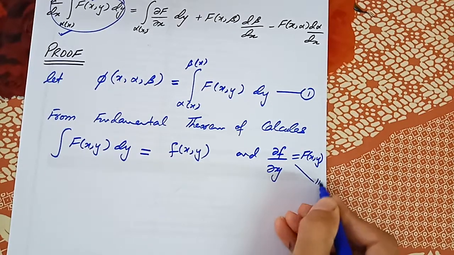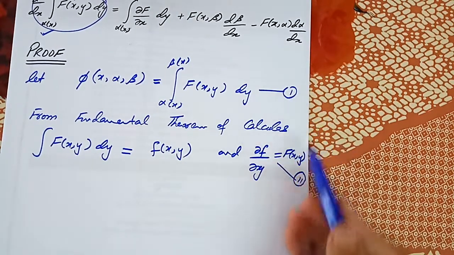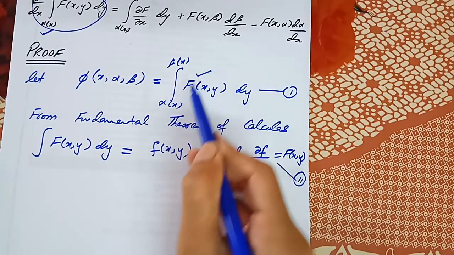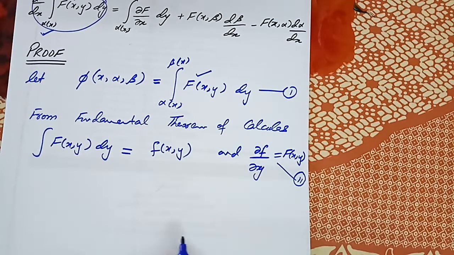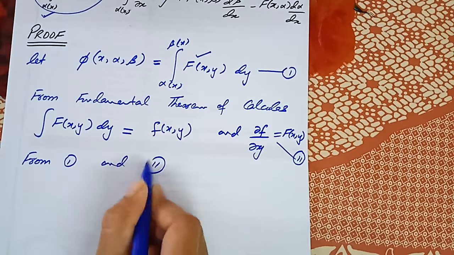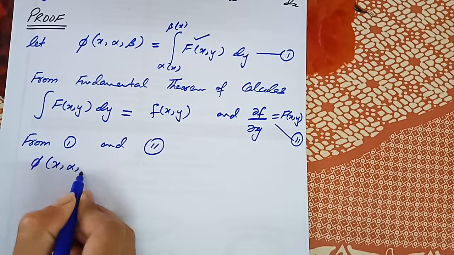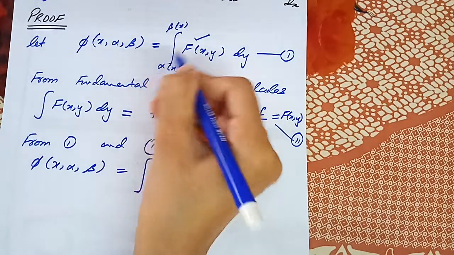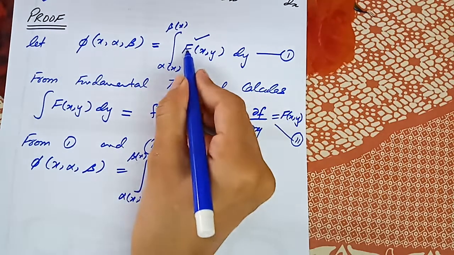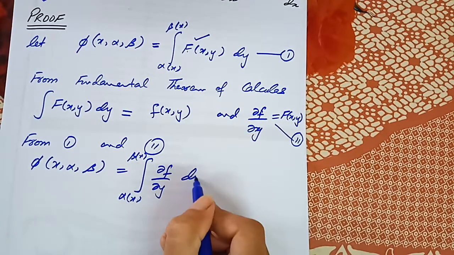Mark it as equation number 2. Now from equation 1 and equation 2, capital F of x, y is partial f over partial y. So from 1 and 2, we can write phi of x, alpha, beta equal to the integration from alpha of x to beta of x of partial f over partial y dy.